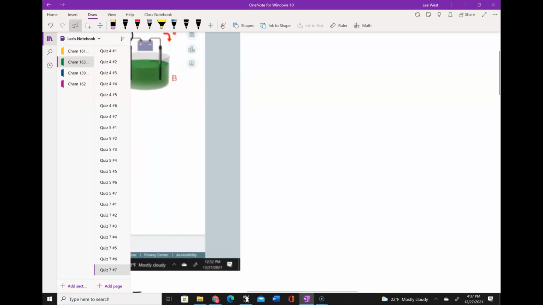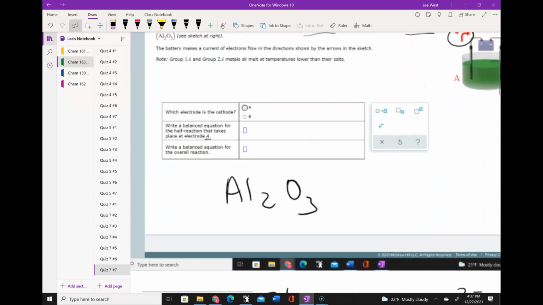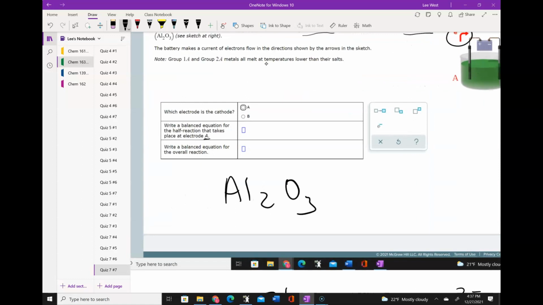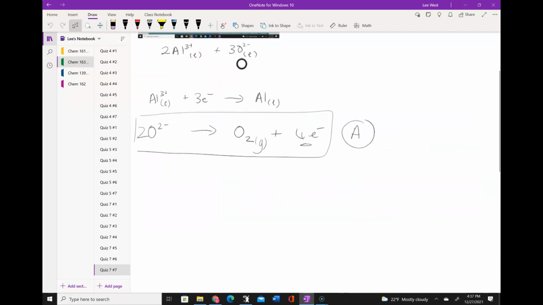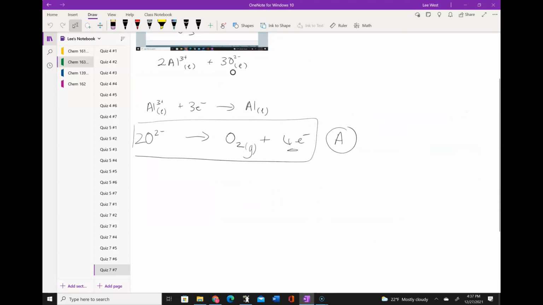And then it says write a balanced equation for the overall reaction. Well, we've just got to add together these two half equations, and we just got to make sure that everything balances. So 3 electrons are being gained up here, and 4 electrons are being lost there. So what I'm going to have to do is multiply this one by 4 and that one by 3.